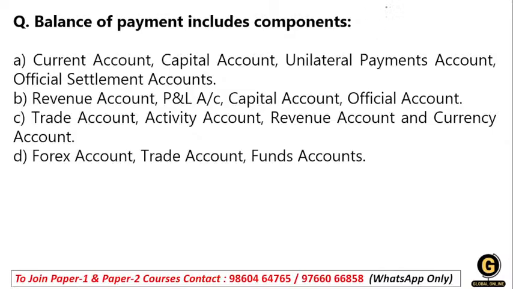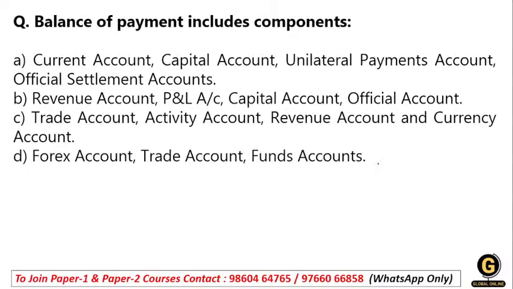Current account, capital account, unilateral payment account, official settlement account, or revenue account, P&L, capital account, official, or the trade account, activity account, revenue account, and currency account, forex account, trade account, or the fund account. So what will be the right answer?